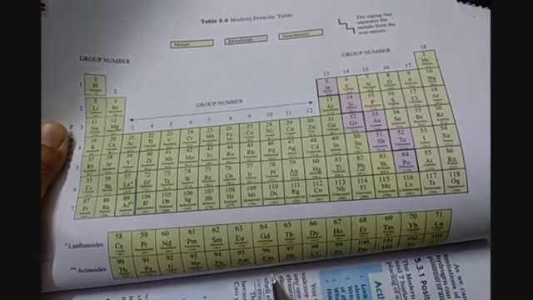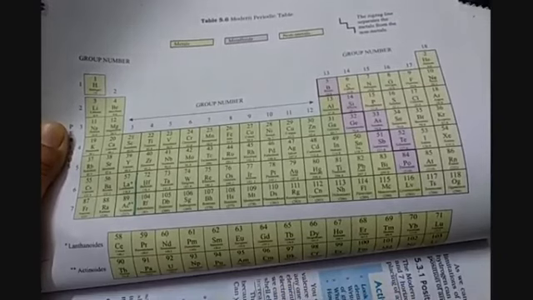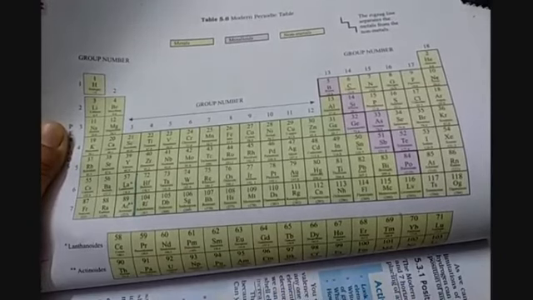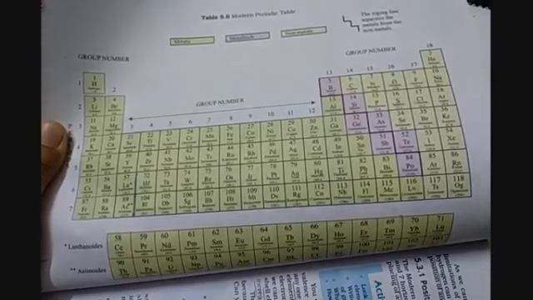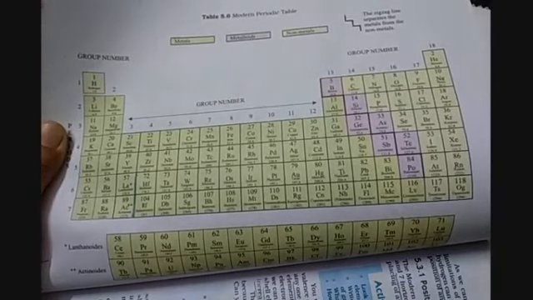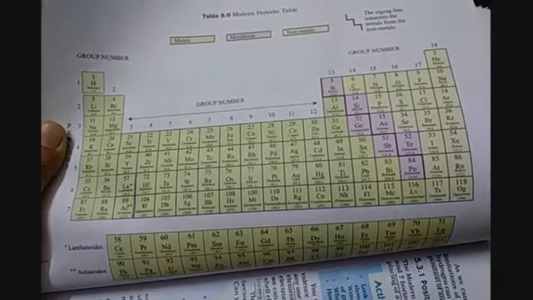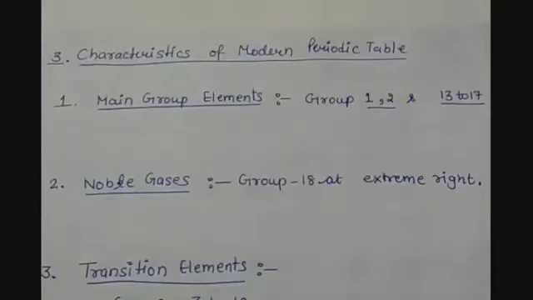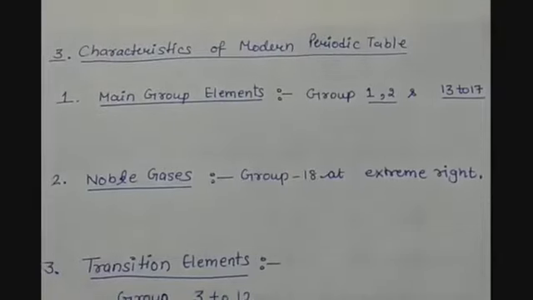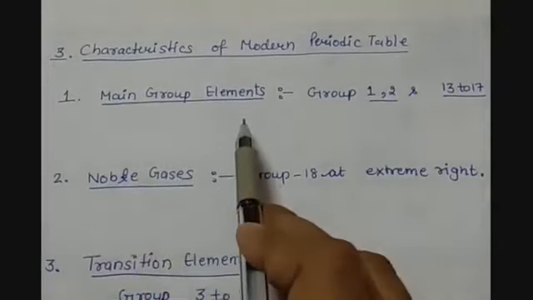Further we will see that we have divided this periodic table into some parts or some blocks. Now let us study about each type of element which is there in the periodic table. Now let us see the types of elements. So the first type of element is the main group elements.